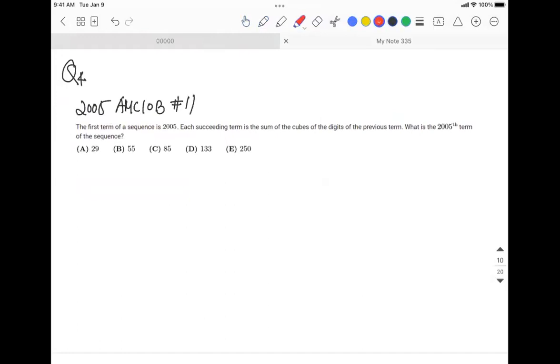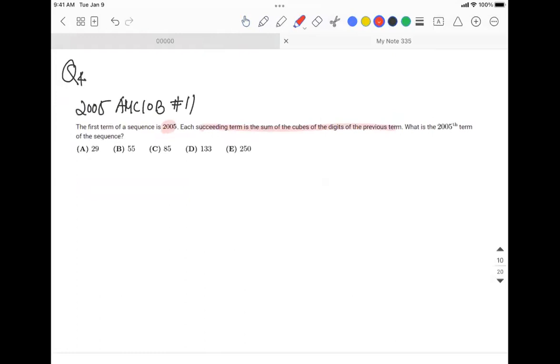So the problem says the first term of a sequence is 2005. Okay, I give you A1, 2005. Each succeeding term is the sum of the cubes of the digits of the previous term. Every single digit of the previous term, you make a cube, add them together, and you'll get the second term. It's kind of difficult for me to write out an expression.